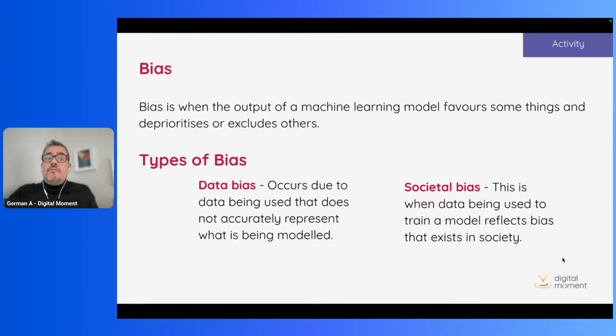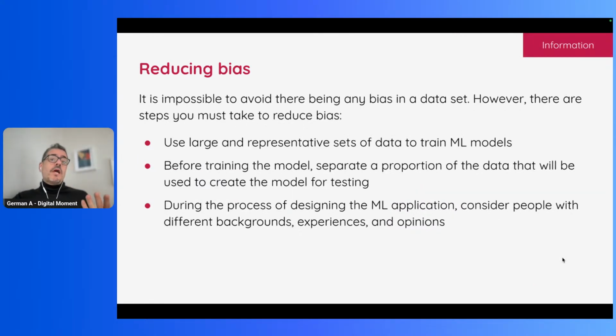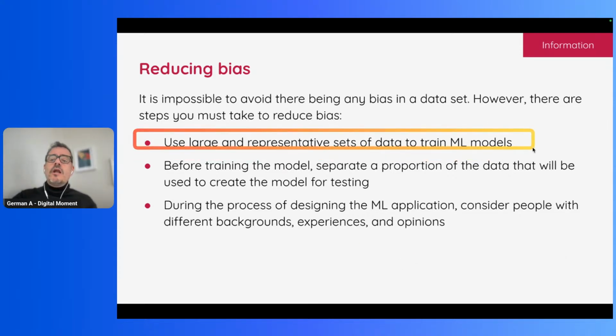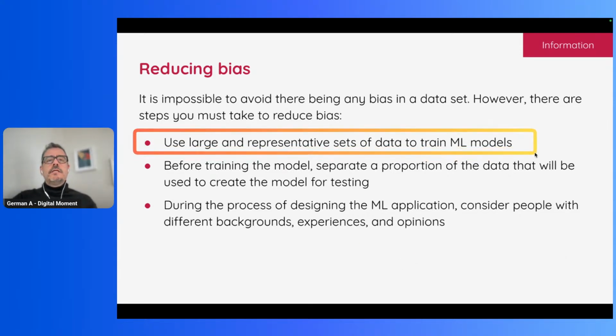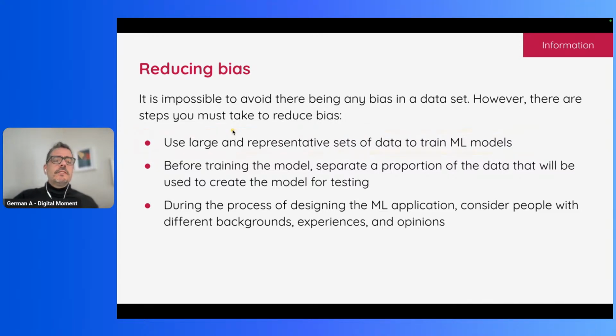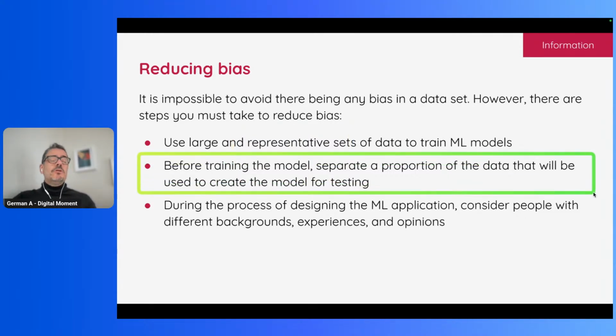And then ideas of how to work with this. How can we reduce bias? Meaning us as users, consumers, and as the people that are working with the systems. One, use large sets of data, but most importantly, make sure the data is representative. The other one is before training the model, make sure you separate a good chunk for testing.